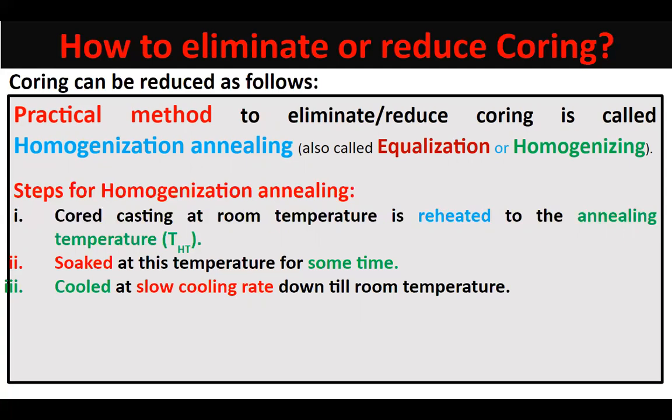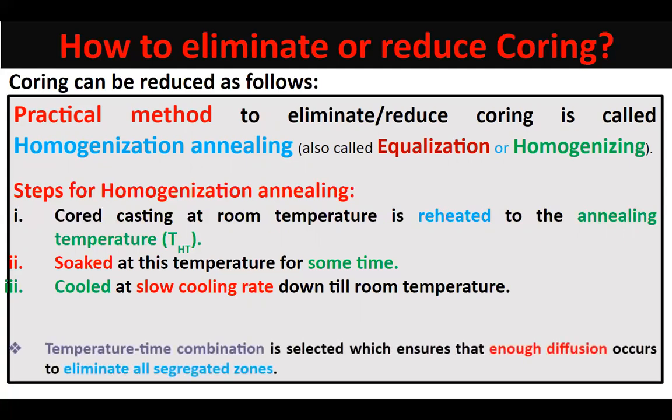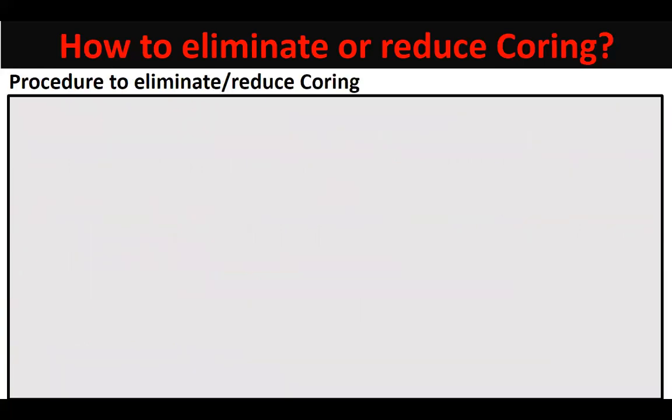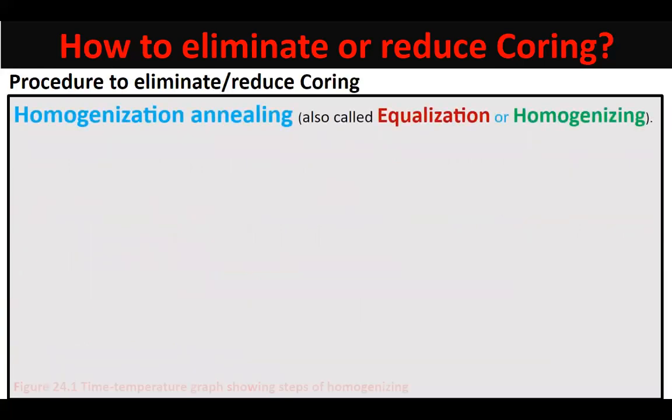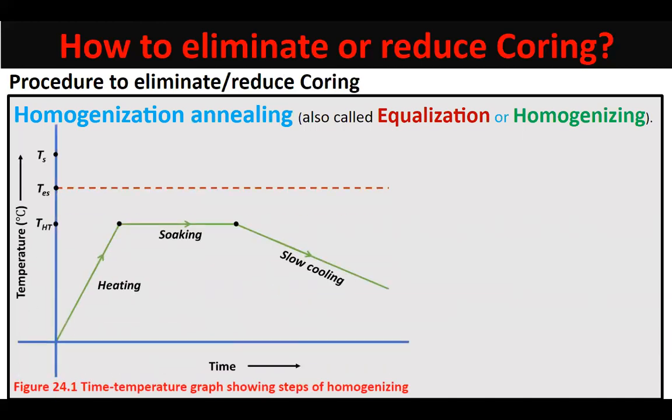And by following these 3 simple steps, ample diffusion takes place in your cored system. Diffusion actively takes place and it removes all segregated zones. So the time-temperature combination is selected which ensures that enough diffusion occurs to eliminate all segregated zones. I'll show you the time-temperature diagram for this homogenization annealing treatment.